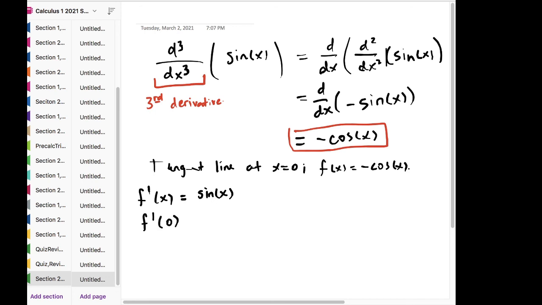And then what is the derivative at 0? 0. What is the point? 0, f of 0? Again, f of 0, not f prime of 0. Negative 1, yeah. I think that's always the biggest mistake people make with tangent lines: remember that you plug into the original function when you find the point.